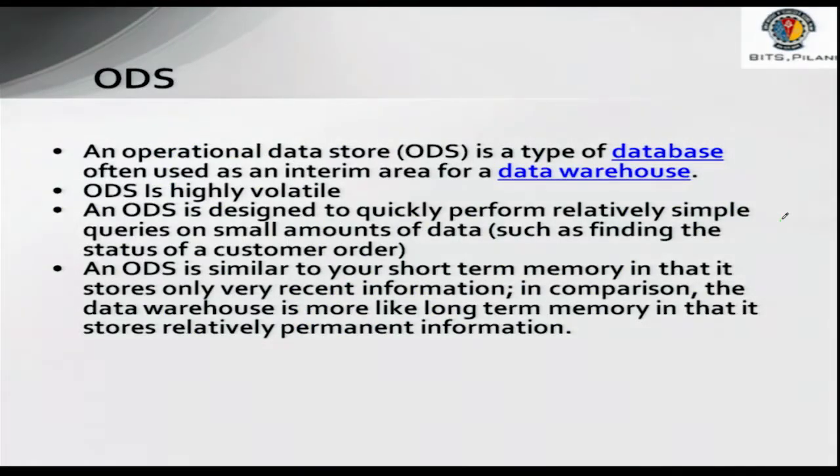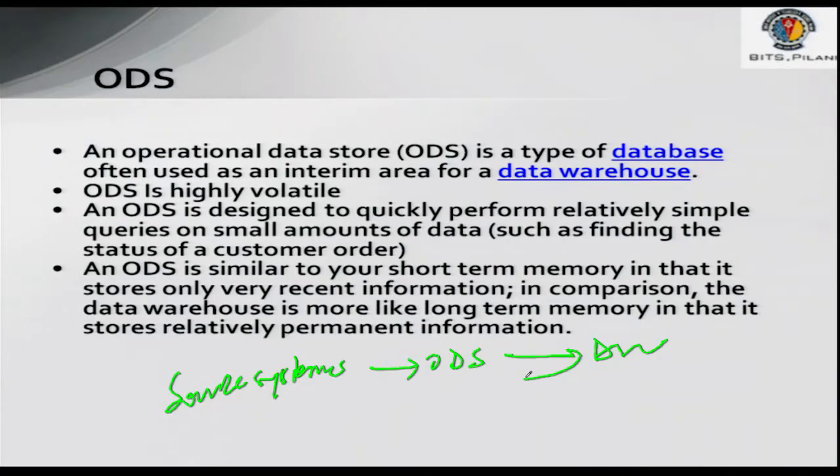Now let me come to ODS. That's the second important topic for today. So an ODS, or the operational data store, is a type of database often used as an interim area for a data warehouse. So it kind of sits between the data warehouse and the source systems.